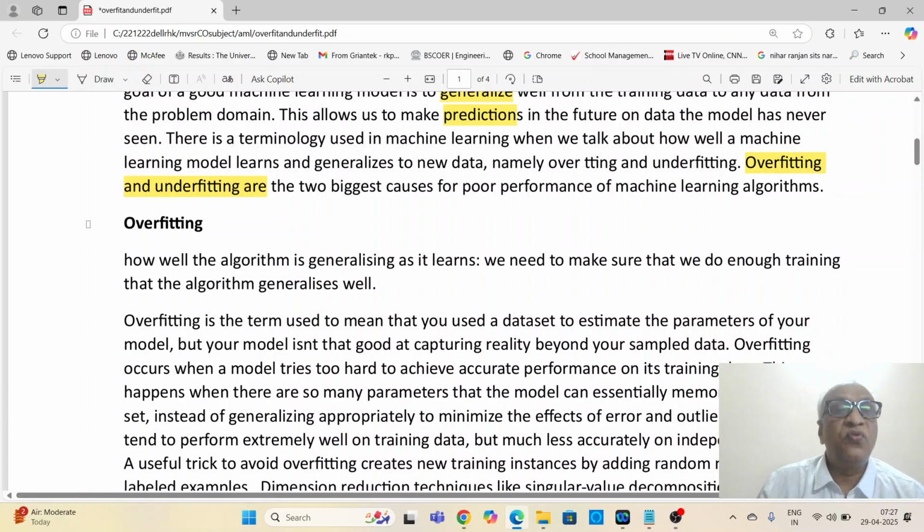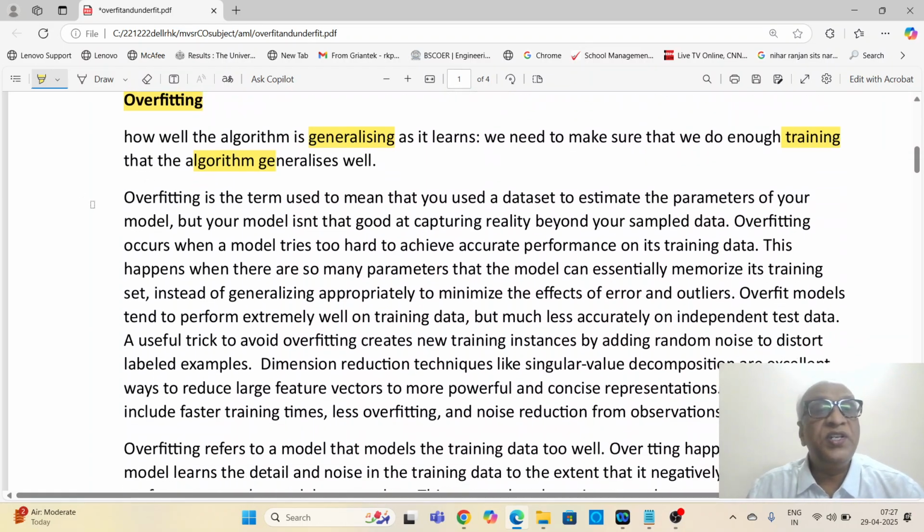Let us look at overfitting. As we mentioned, generalizing is the objective of any machine learning model as it learns. So enough training has to be provided to the algorithm. What is the meaning of overfitting? You are using a data set to estimate the parameters of your model, but your model isn't that good at capturing reality beyond the sample data.